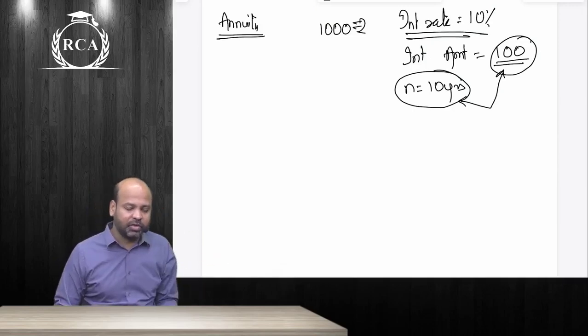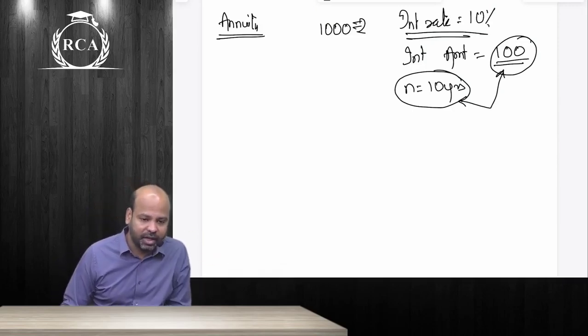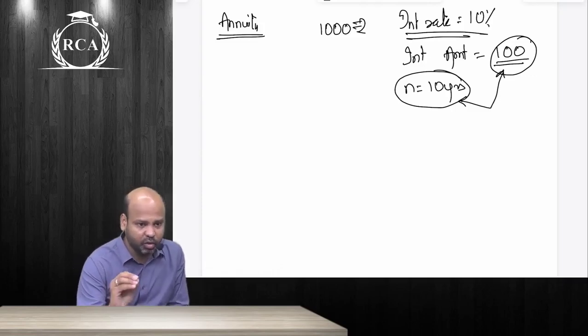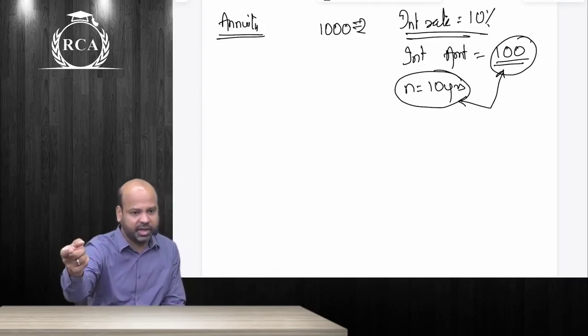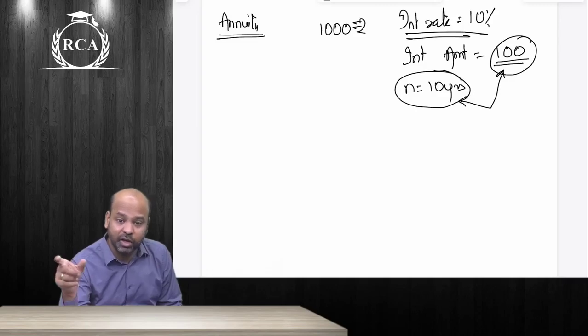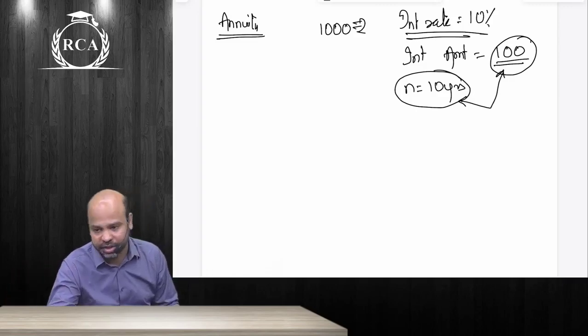The amount of installment will remain constant every month. Even if it's a floating interest rate, guys, it is considered to be an annuity only because till the interest rate changes, your installment amount will remain constant. Only when the interest rate is revised, your installment amount is going to change. So that is why, beta, here, what are we going to say?